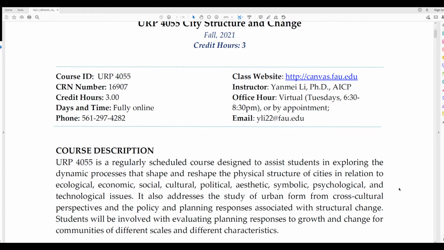And also the last chapter will be covering the urban problems facing a lot of cities. And also it would cover concepts of urbanization from international point of view and cross-cultural perspectives. And so that's city structure and change.